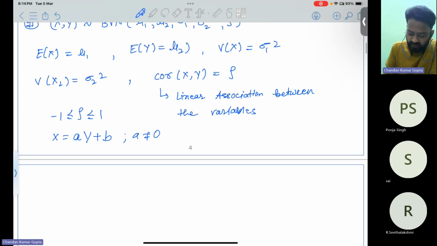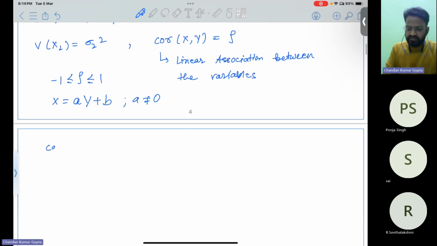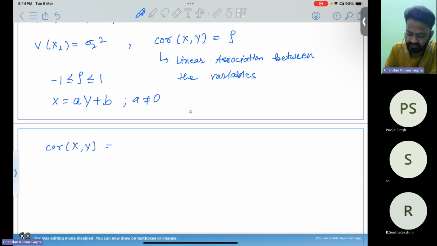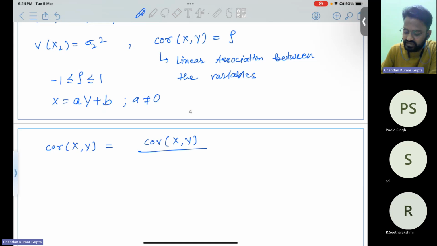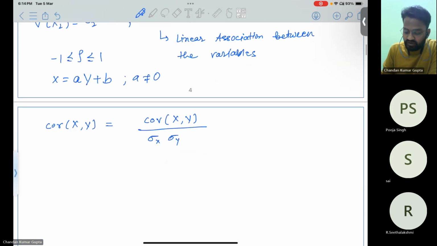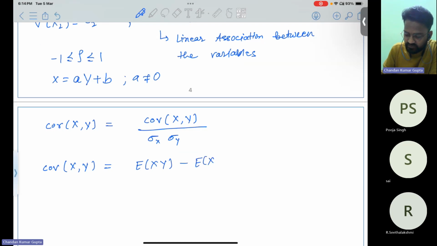Correlation of two variables x and y is defined as the covariance between x and y divided by sigma x, sigma y, or sigma 1, sigma 2. So how can we calculate covariance? Covariance of x, y is defined as the expected value of xy minus the expectation of x into the expectation of y.